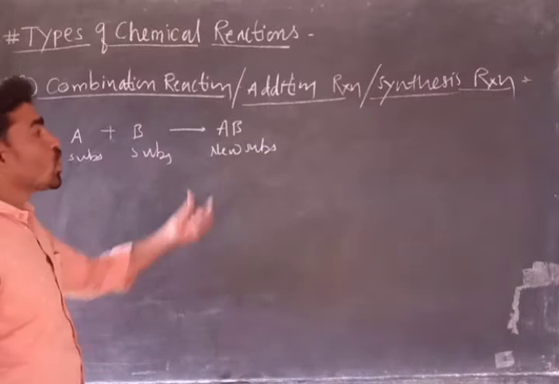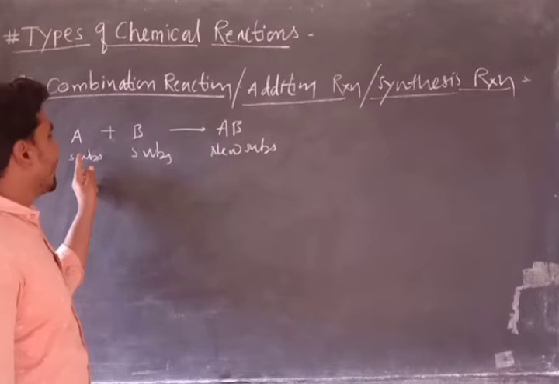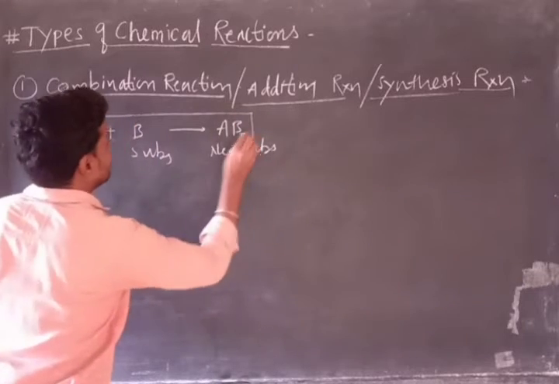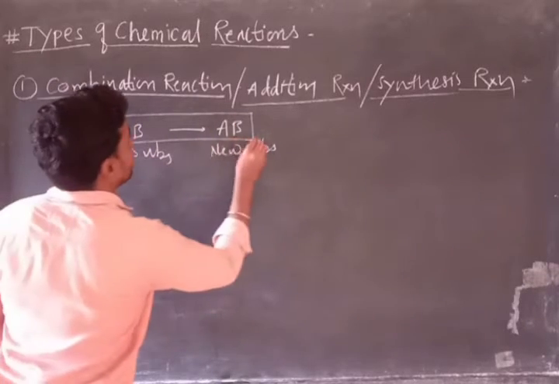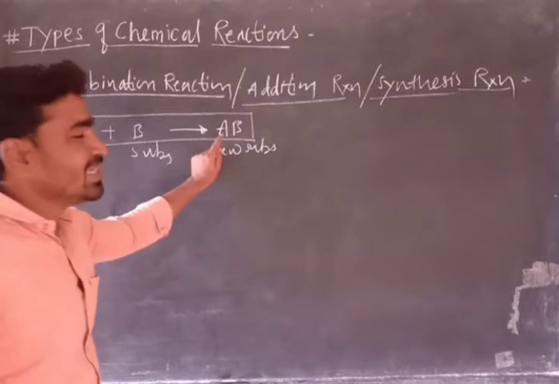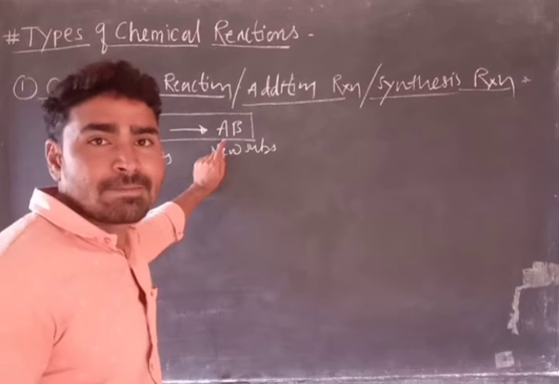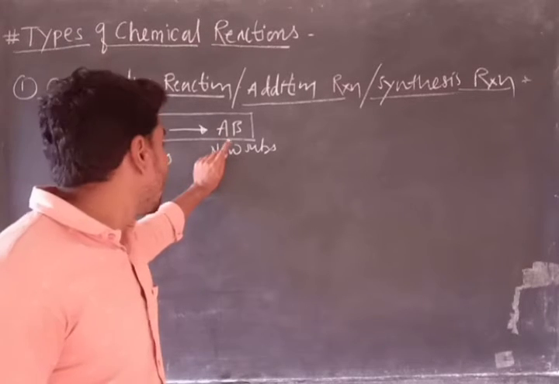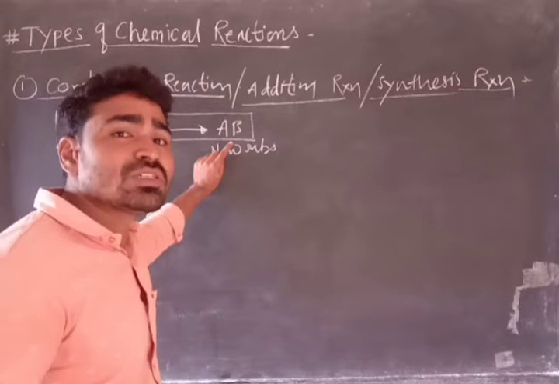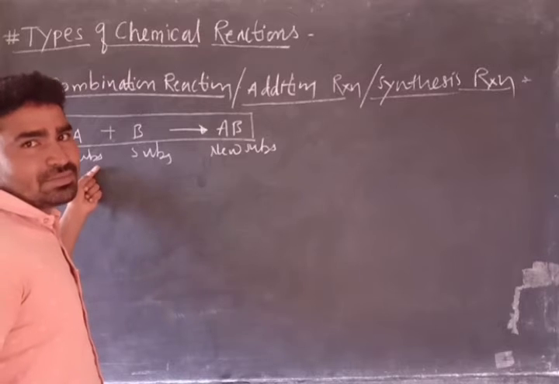For example, A is going to be combined with B, and this gives us the new substance AB. As I told you, this is a new substance with a new set of properties, different from its old constituents.